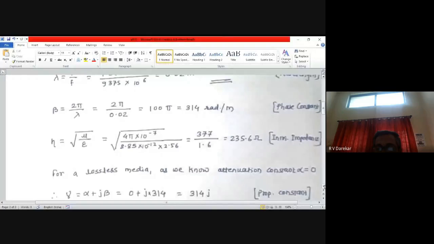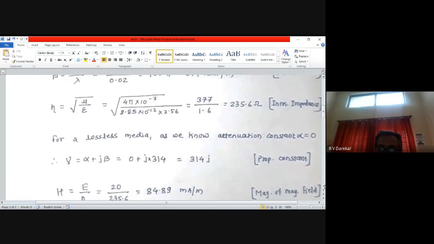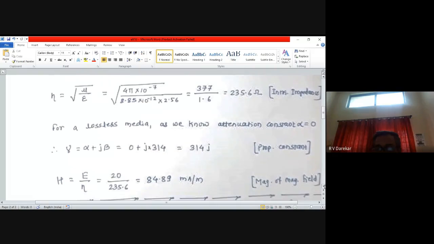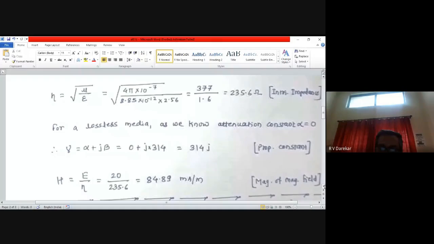Therefore, propagation constant for this specific electromagnetic wave is 314 j. J is indicating the complex part, or the wave is not consisting of any real part, it is just consisting of the imaginary part, that can be considered as 314 j.